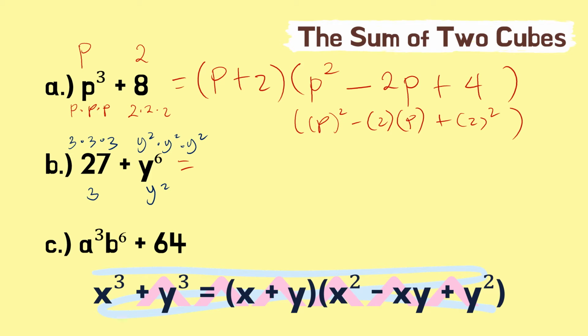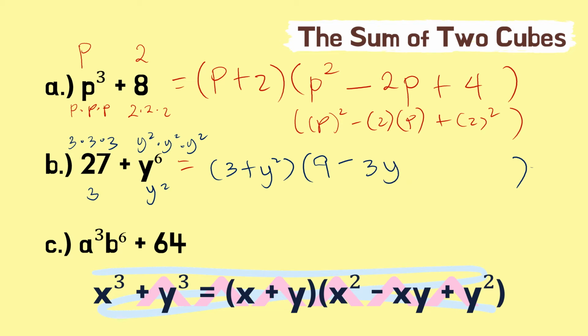So, first step for the binomial factor, get the sum. So, that will be 3 plus y squared. And for the trinomial factor, you get the square of the first number. What is the square of 3? Okay, so that is 9. Then subtract the product of the two numbers, 3 times y squared.